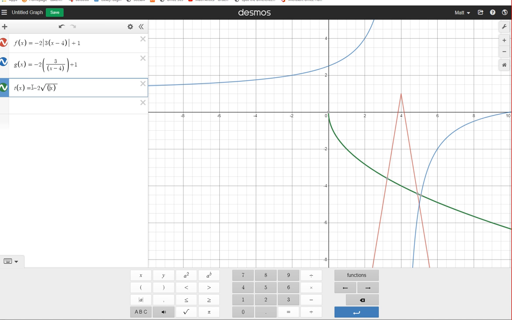We're multiplying our x by 3. And we're subtracting 4 from our x value. And we're adding 1 at the end. So there's our square root function. So these are all the exact same transformations done on 3 different parent functions. And we could do the same thing to our quadratics.